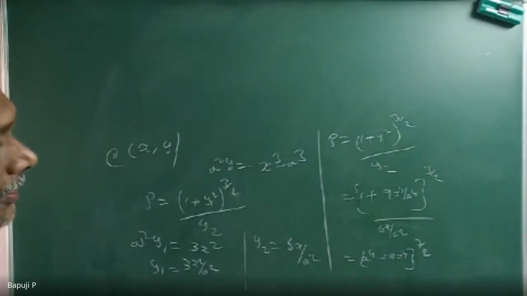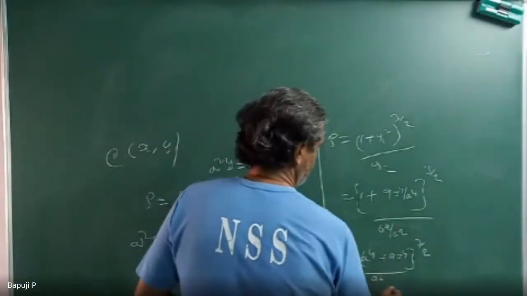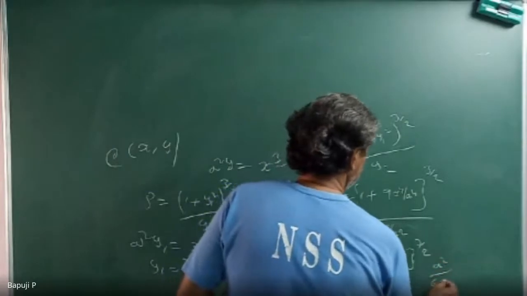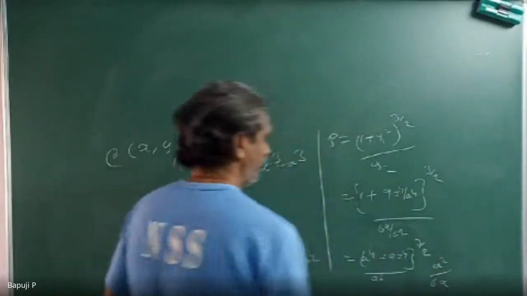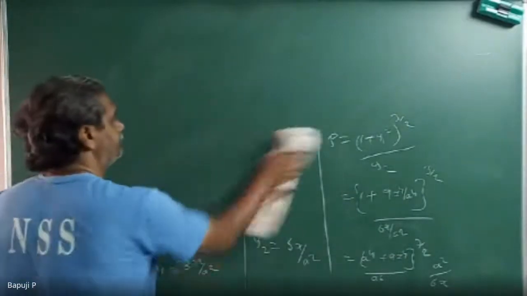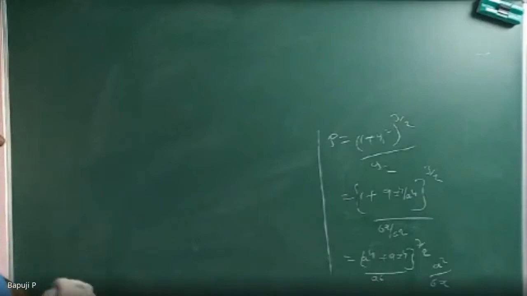Correct or not? A power 6. If we take the reciprocal, a square by 6x. Now if we simplify, a square, a power 6 cancel, a power 4 balance.